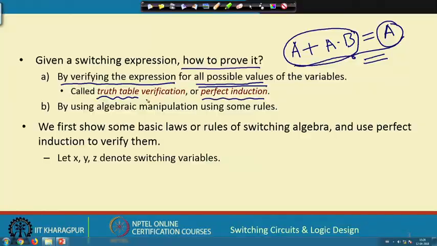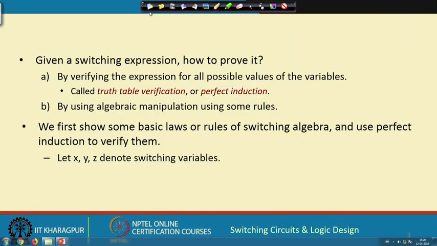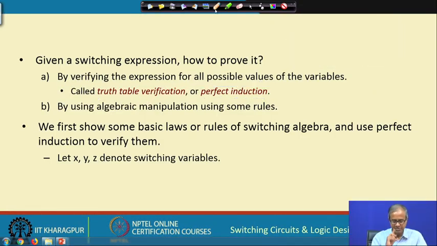If they match, then the two expressions are the same, and they are verified. The alternative method that we shall be learning and using a little later is some kind of algebraic manipulation, and then we try to prove. For algebraic manipulation you need to know some basic laws or rules of switching algebra.